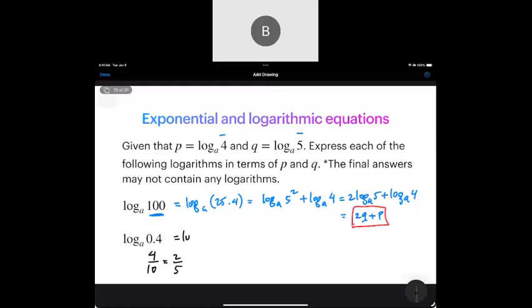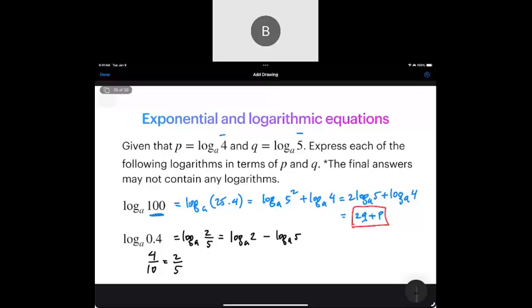Okay, so let's start from there. Log base a of 2 over 5. We can use subtraction to express the division. So we have log base a of 2 minus log base a of 5.